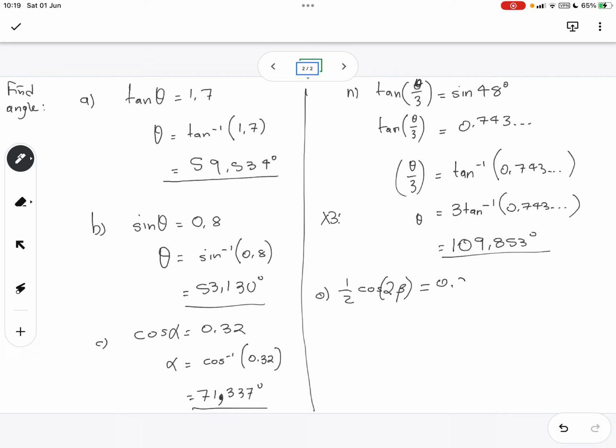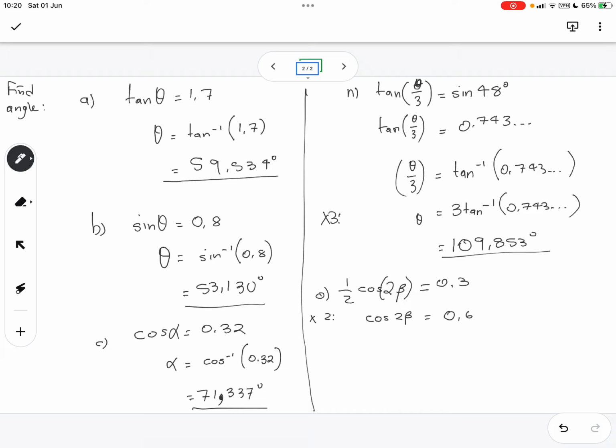And this equals 0.3. So because this is an equation, we can start first with multiplicative inverses so that the cos of 2 times beta equals 0.6.